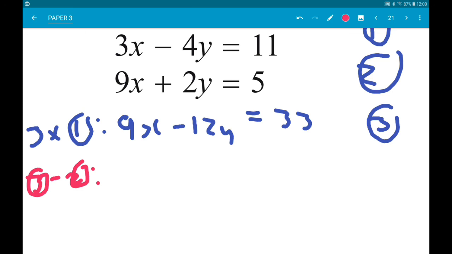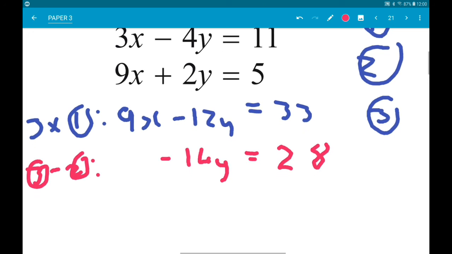So that's going to give us minus 14y. And on the right, we have 33 minus 5. So that's 28. Now from that, we can divide through by minus 14, and we get y is minus 2.